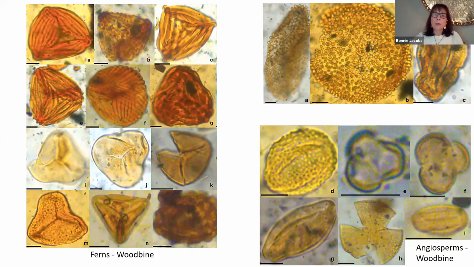Now there was a master's thesis done many, many years ago where the student looked at pollen from the Glen Rose Formation and found a little bit of angiosperm pollen. So clearly there must have been some around, but not enough to show up at that dinosaur locality.